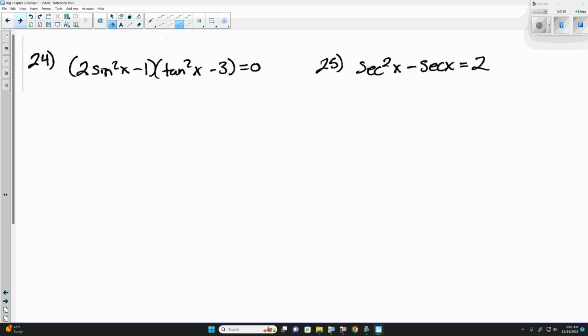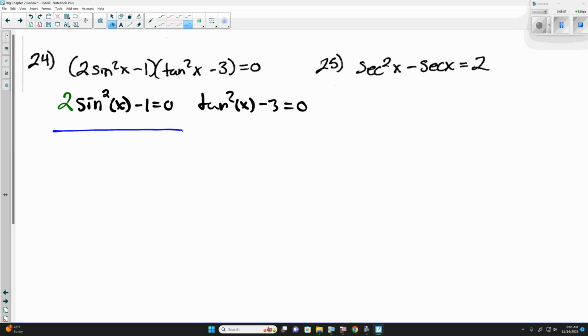Two sine squared of x minus 1 and tangent squared of x minus 3. Two things multiplied together equals 0, so one of them must be 0. So for our sine squared, we can add 1 to both sides, telling us 2 sine squared of x is equal to 1.